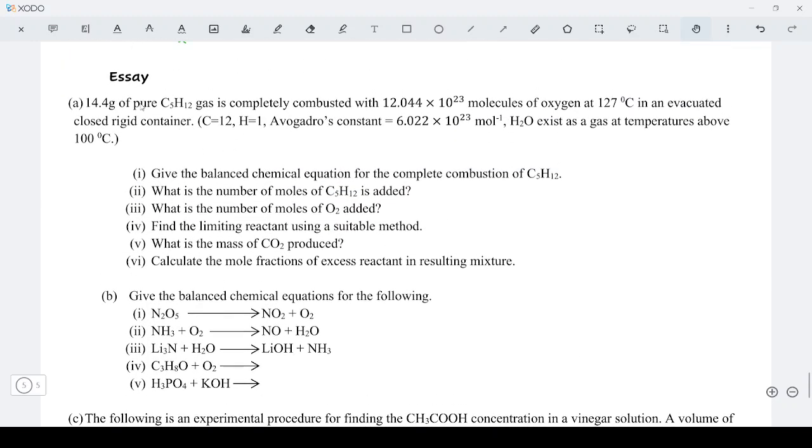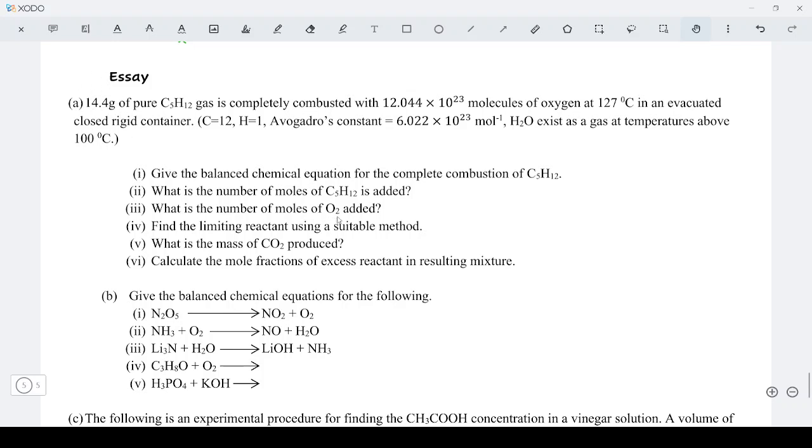The first one is asking about a combustion reaction. C5H12 is completely combusted with some number of molecules of oxygen, and we have to find the moles. If you follow the order, you will get the answers properly. First you need to give the balanced chemical equation, and then the number of moles of C5H12: you have the mass, so divide by the molar mass to find the moles.